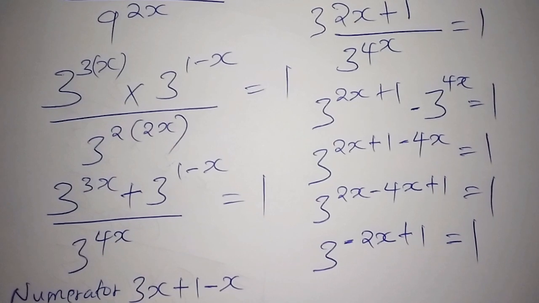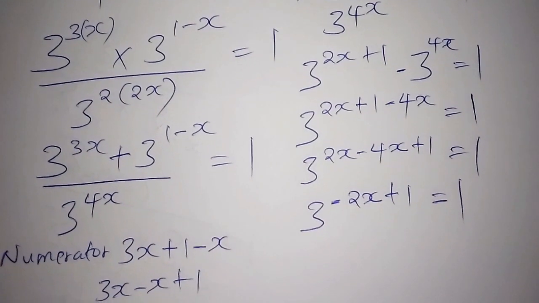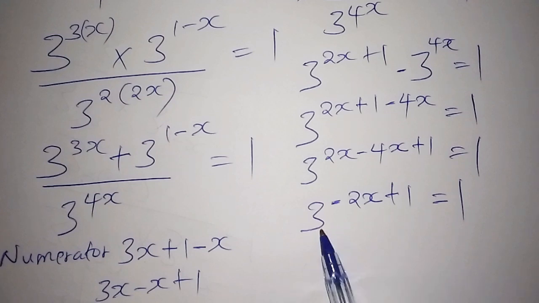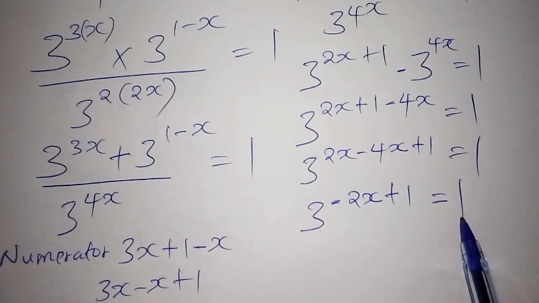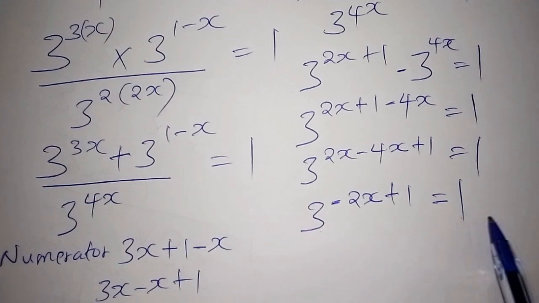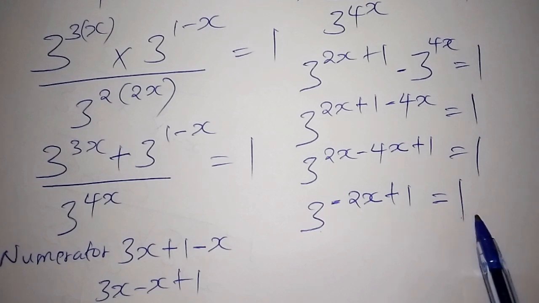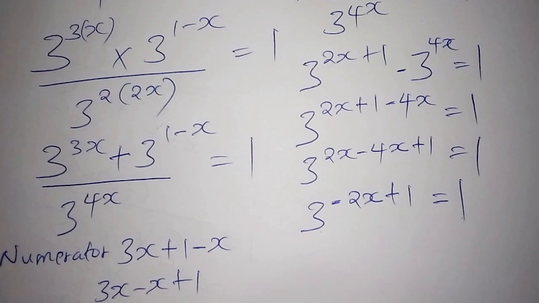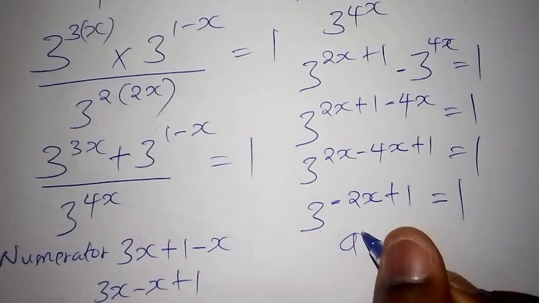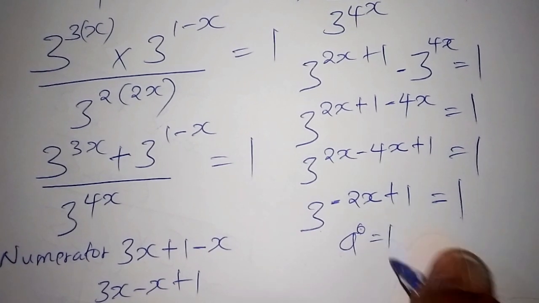And where now we are moving, we want to look at it very keenly. Now we have to change this 1 to base 3, because this one we must change it into base 3. So if we change 1 to the base 3, you remember the third law that says that a to the power of 0 is equals to 1.